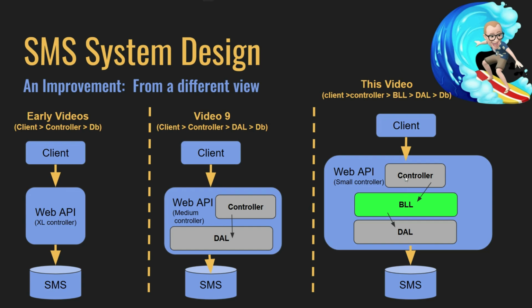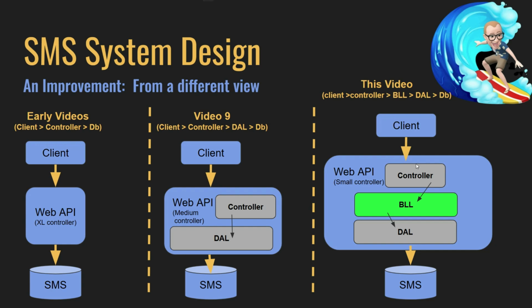So it will pass the request off to the business logic layer, which will go and do any post mapping, any sort of business logic it needs, or it may not even have any business logic if it is a pure CRUD. And in turn, that will pass the request through to the data access layer, which will go and get or manipulate the underlying data that it needs from the database. And in turn, all that request will flow back up through the levels to the controller back to the client.